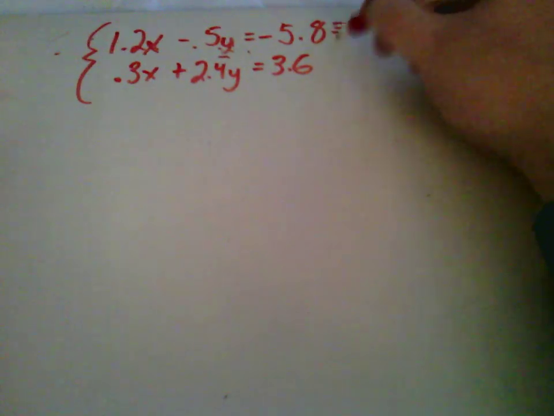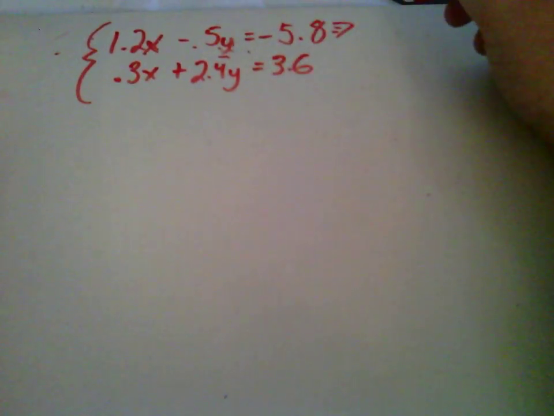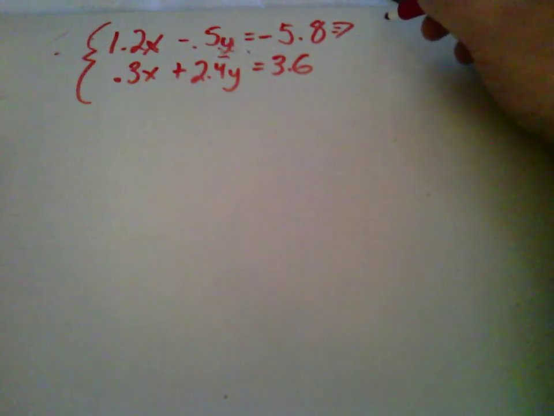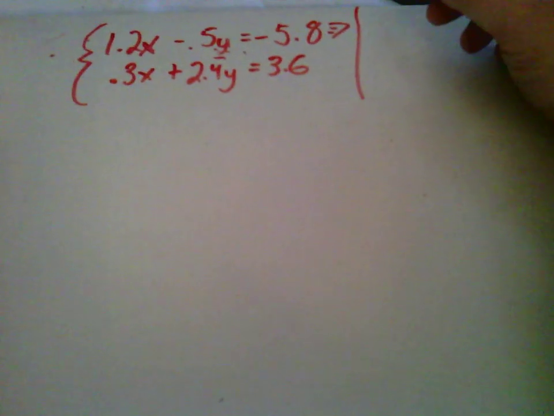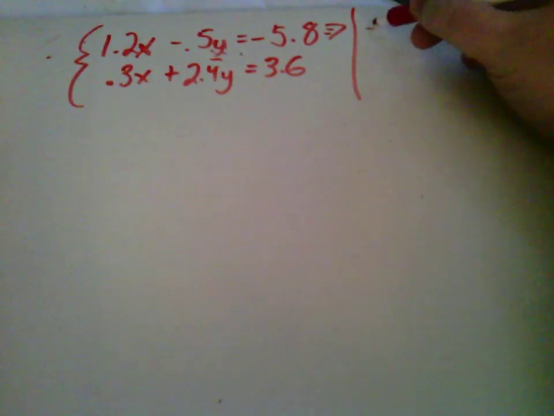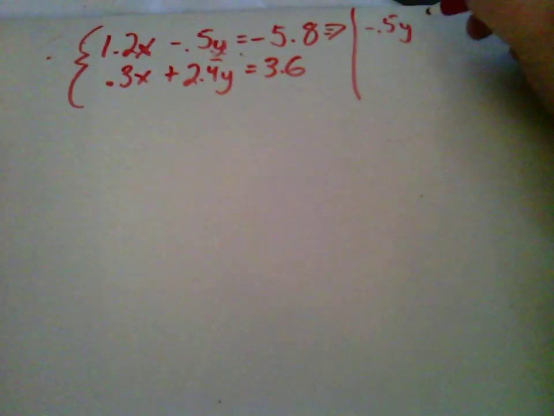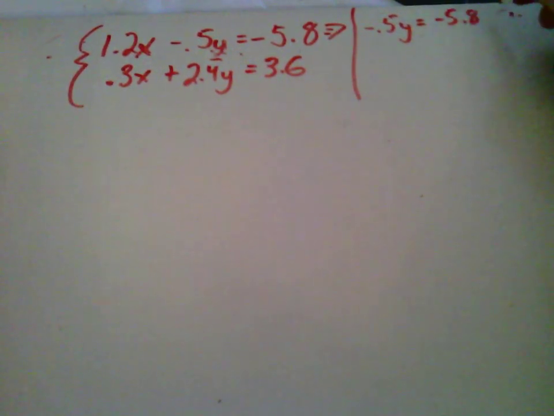So, solving this top equation for y, we're going to subtract 1.2x from both sides of the equation, giving us negative 0.5y equals negative 5.8 minus 1.2x.